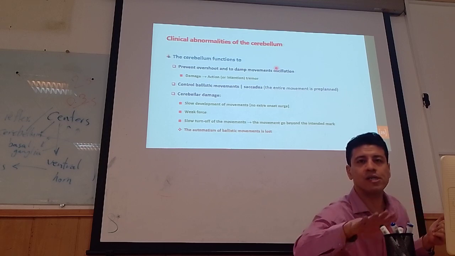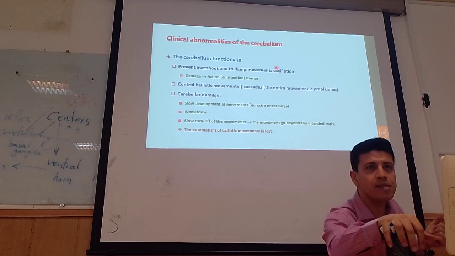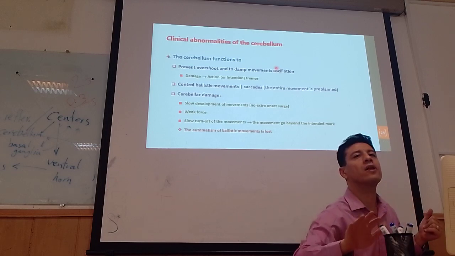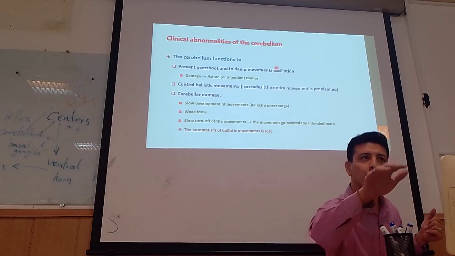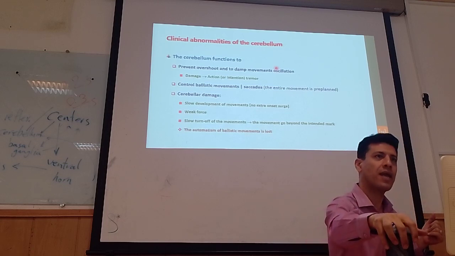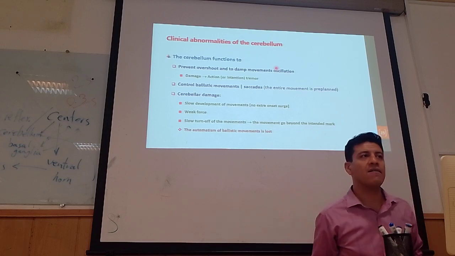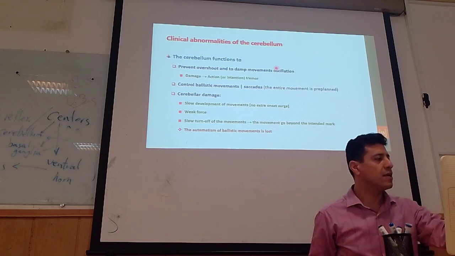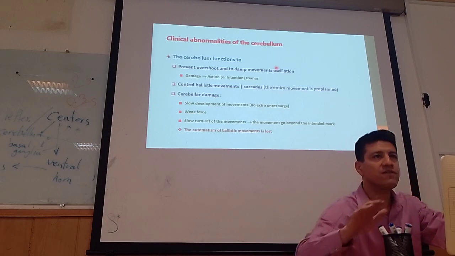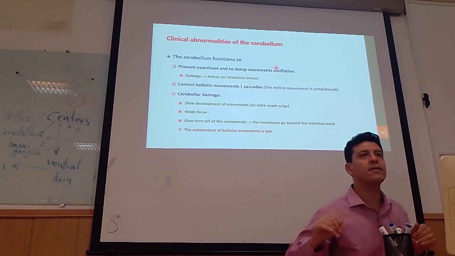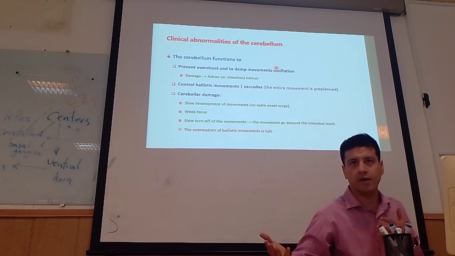So we will have oscillation of the movement around the target until it ends here. After several incorrect movements, the brain can do this correctly. So if the cerebellum is lost, we will actually have tremor like this, oscillation of the movement, past pointing. All of them are called ataxia or dysmetria.